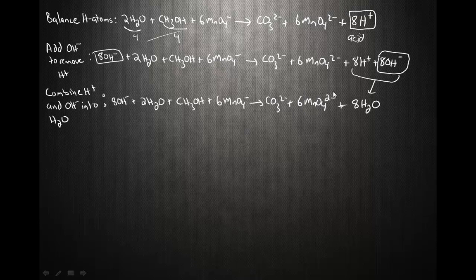Now the other thing we're going to do in this step too, again, this is just sort of cleaning up the equation, is you'll notice you have 8 H2Os as a product and you've got 2 H2Os as a reactant. Well, we can cancel those, and that 8 H2O will become 6 H2O. Now you could leave it here on a test, that'd be fine, but I just want to sort of clean it up, so it doesn't have things like the crossed out 2 H2Os. So I'm just going to clean it up as a final answer.